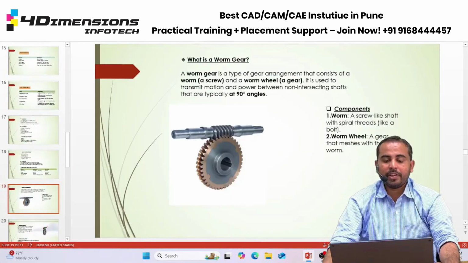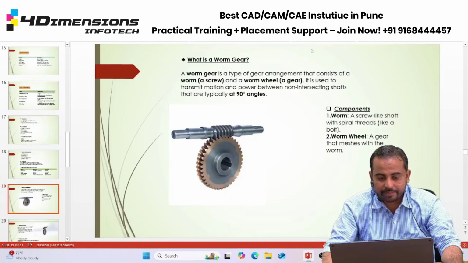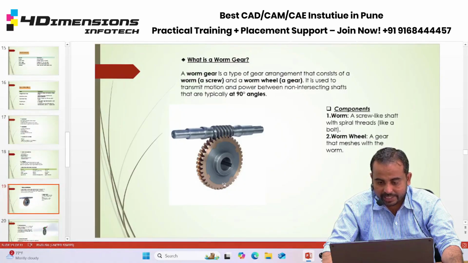The next type of gear we are going to see here is the worm gear. Now we can see in the image one shaft and one gear. A worm gear is a type of gear arrangement that consists of a worm, that is a screw shown in this figure, and a worm wheel, that is this gear at the bottom.